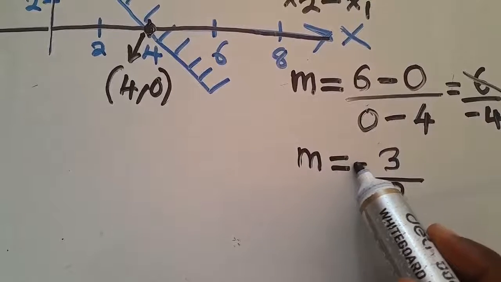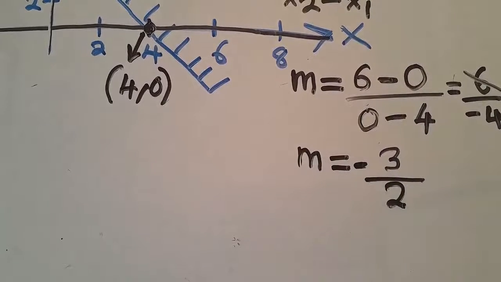Then a negative comes here. So the answer is negative 3 over 2. The negative can't be down, put it on top. So the answer is negative 3 over 2. That is your gradient. So we've just done the first step, which is finding the gradient.